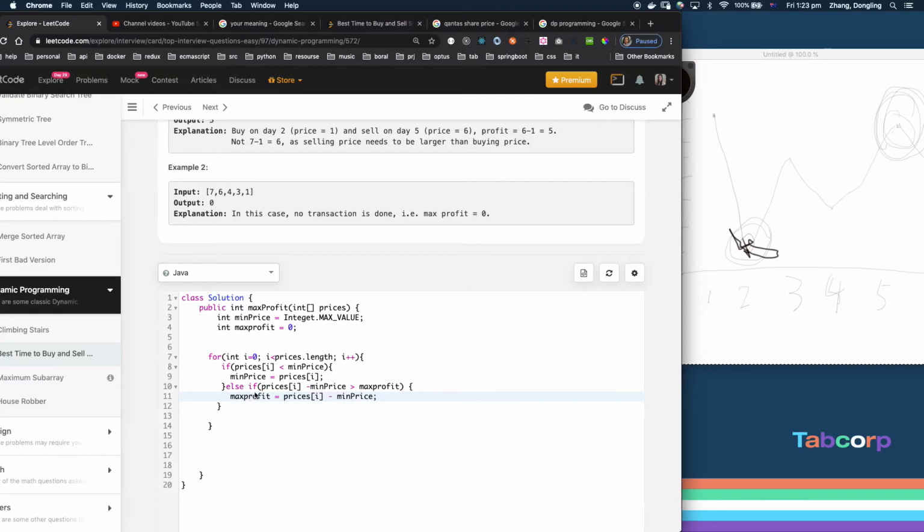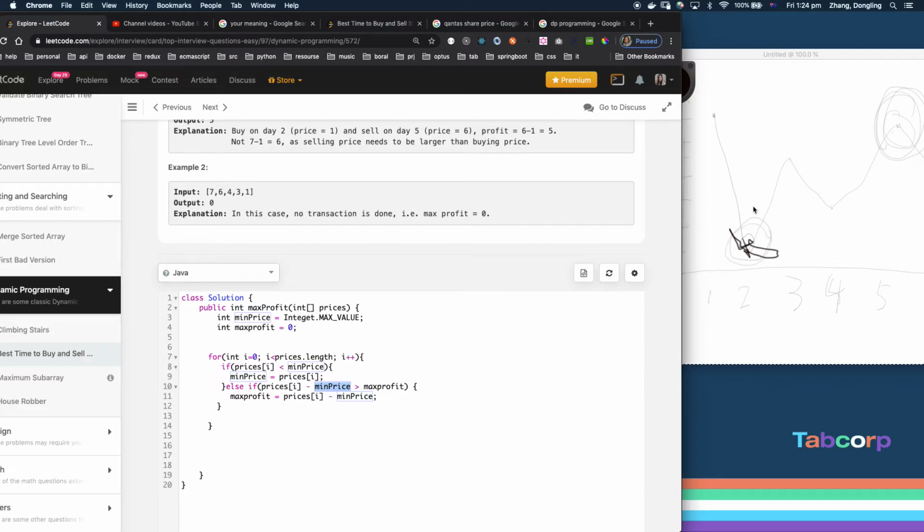After you update the min price, you also do another check. The current price minus the min price is exactly the same, so it is 0, equal to 0, and the first time it won't update.